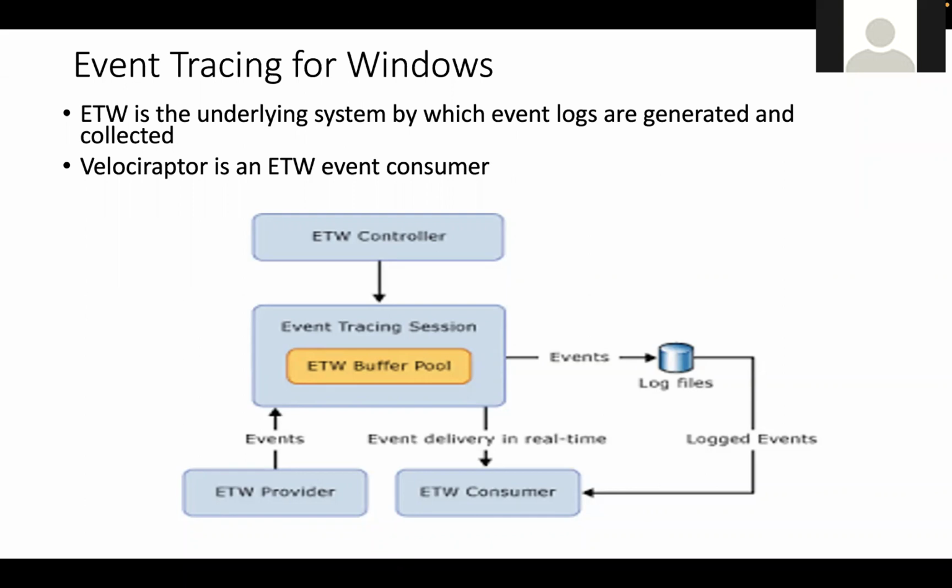All those security logs and system logs for debugging that you use in Windows come from the ETW subsystem. Velociraptor is also an ETW event consumer, which you can custom configure. So if you need to do low-level monitoring, this is available.